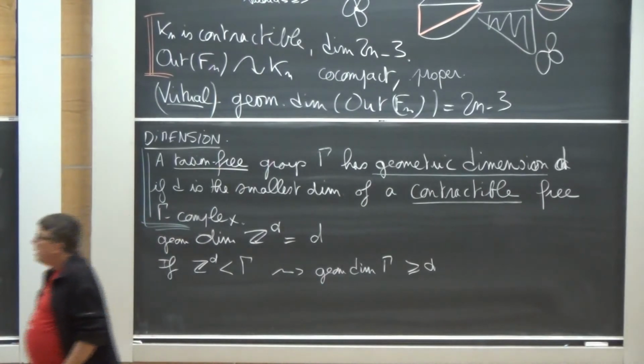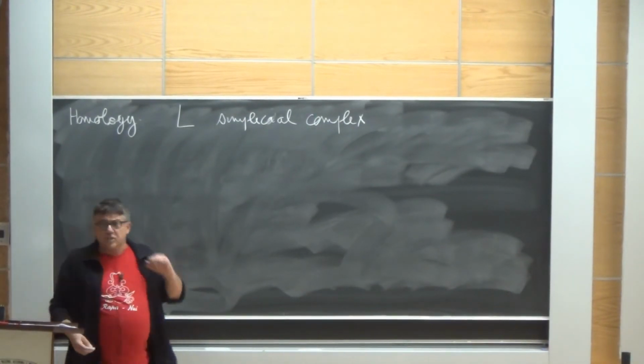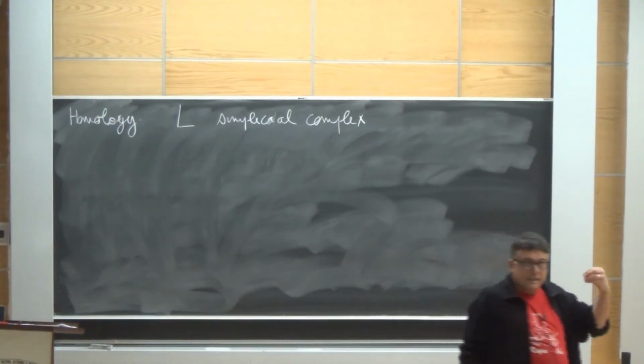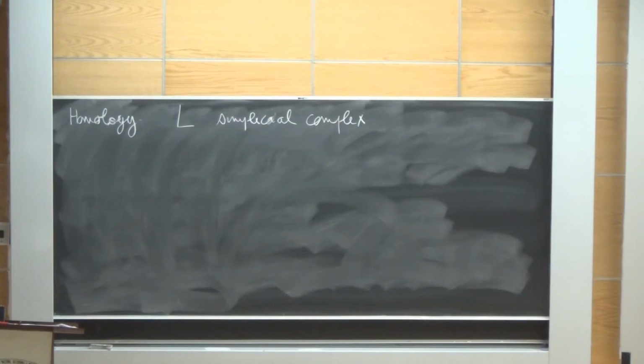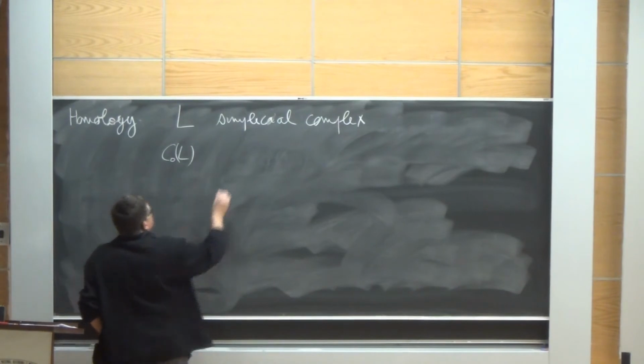Okay? So, associated to a simplicial complex, you have the so-called spaces of chains. So the chains of dimension 0 is just a vector space with a base made of the simplices of dimension 0. This is C0 of L.